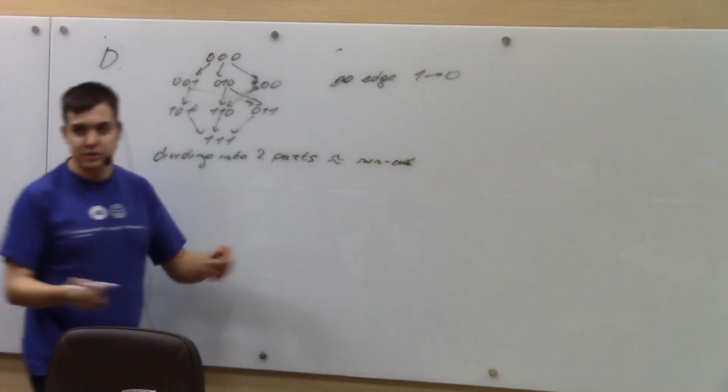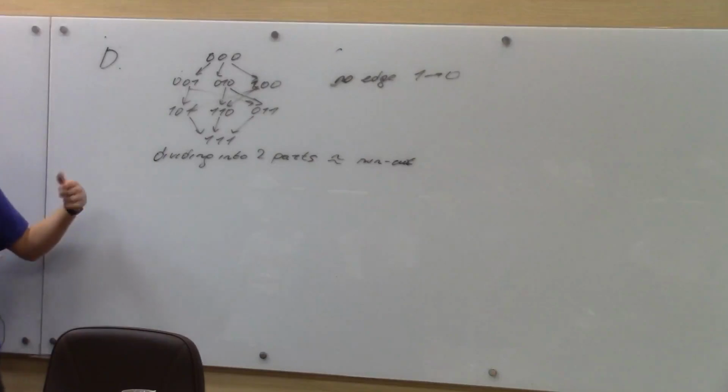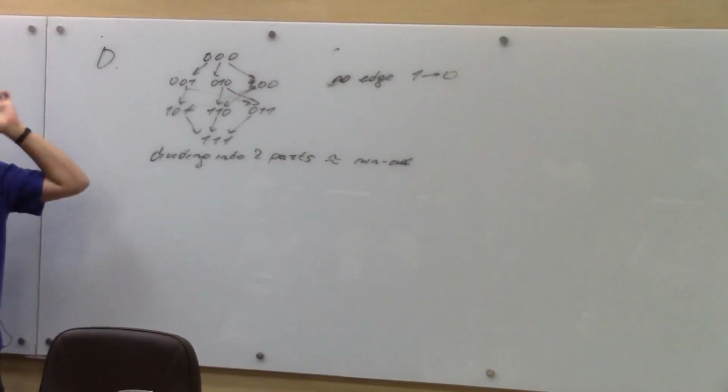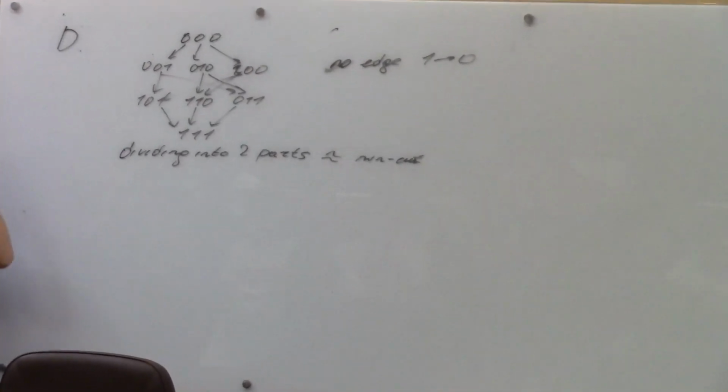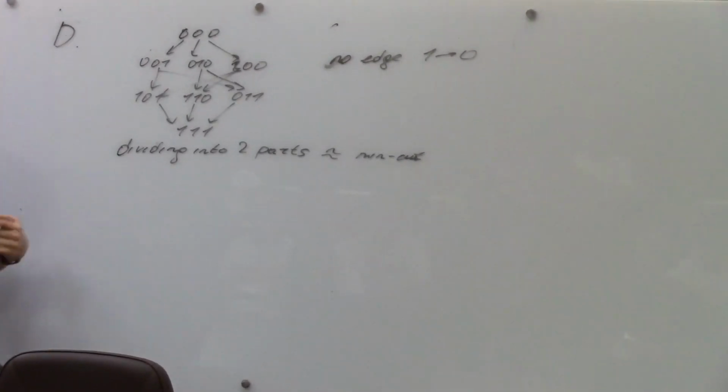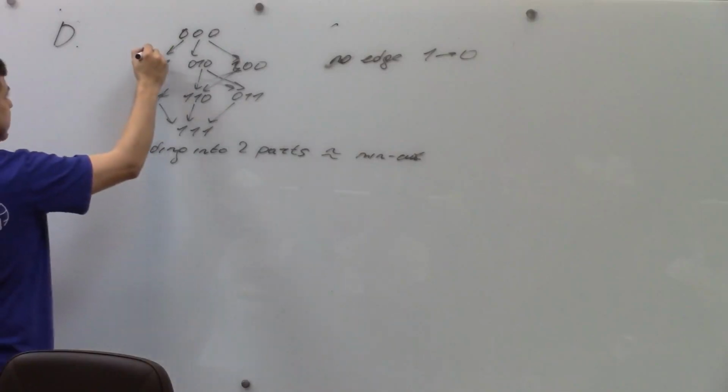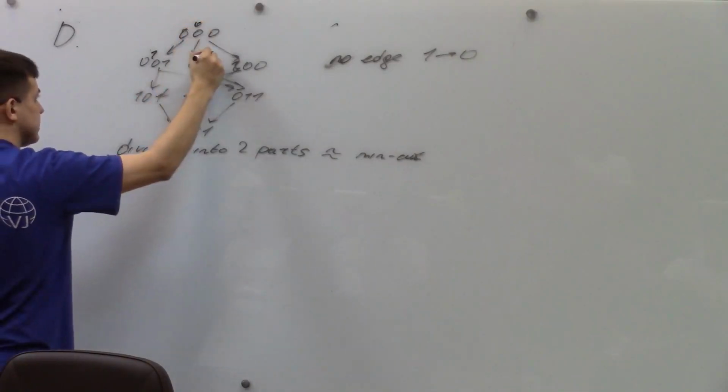Well, dividing into two parts is a cut, and now we want to minimize the cost of dividing into these two subsets, which is why we want to minimize. So now we think about how to formulate this problem as a min cut problem. Okay, so some vertices already have some values, some don't.